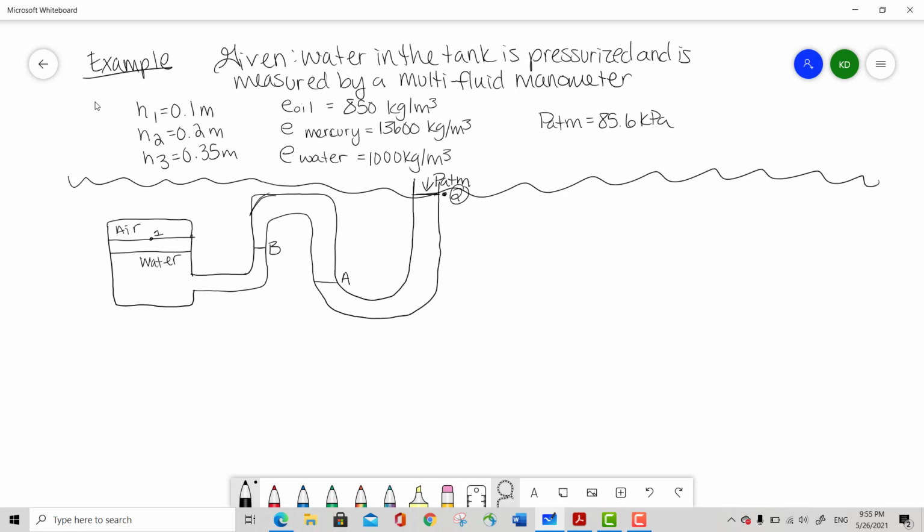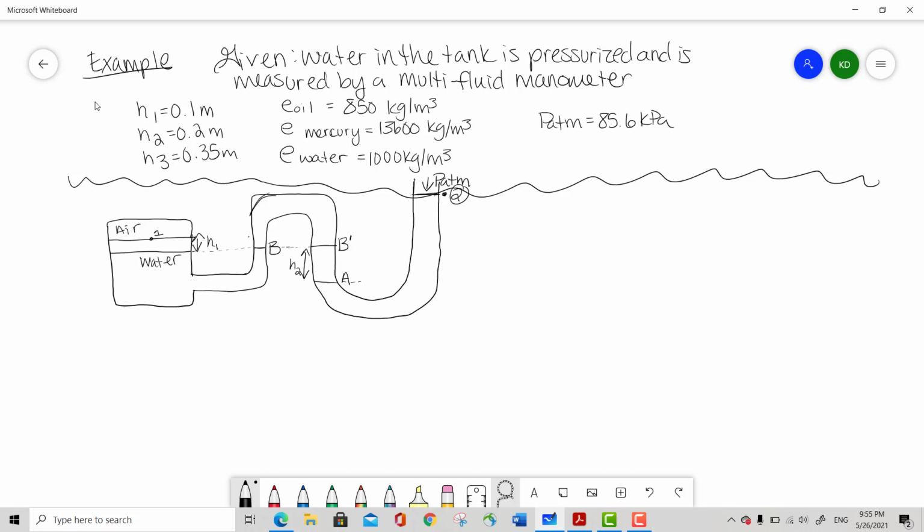So let's plug in what we do know. So we know that our H1, here's 0.1, our height, because this is the same right here. This is our H1. Okay, we know that this is the same. B prime. Okay, and so this is our H2.